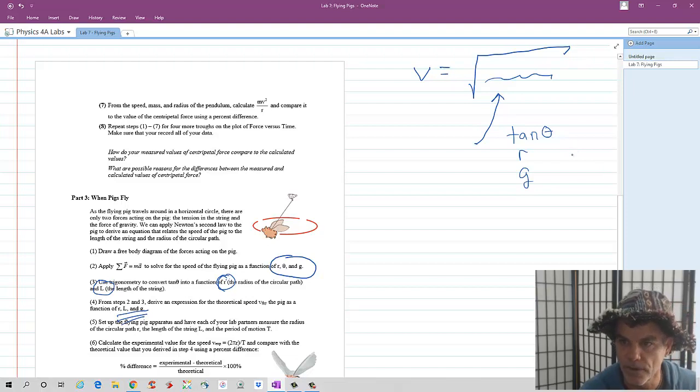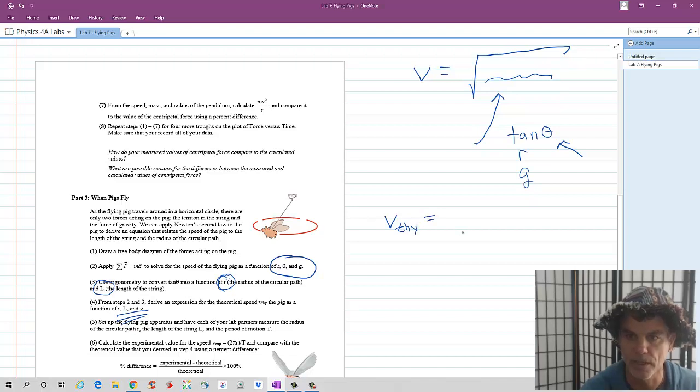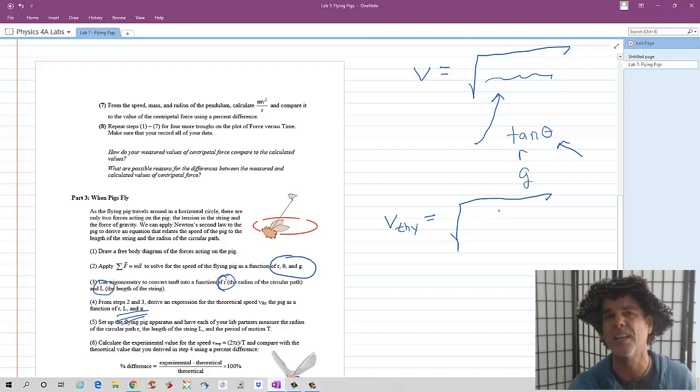You're converting this function of tan theta into a function of L and R just using trigonometry. We're calling this v theoretical, the square root of something that's going to be a fairly ugly expression.